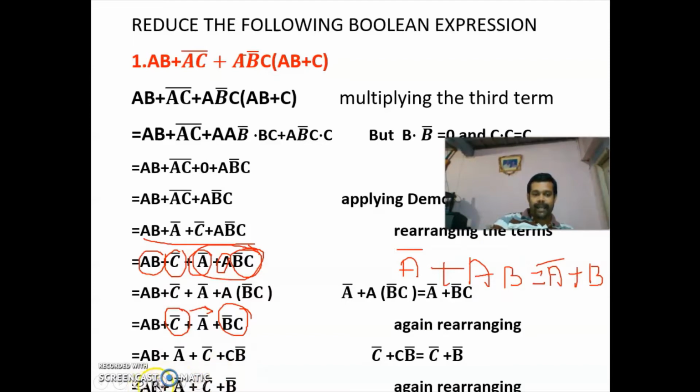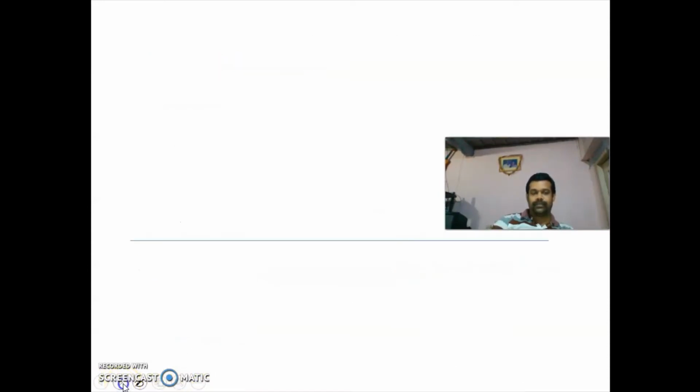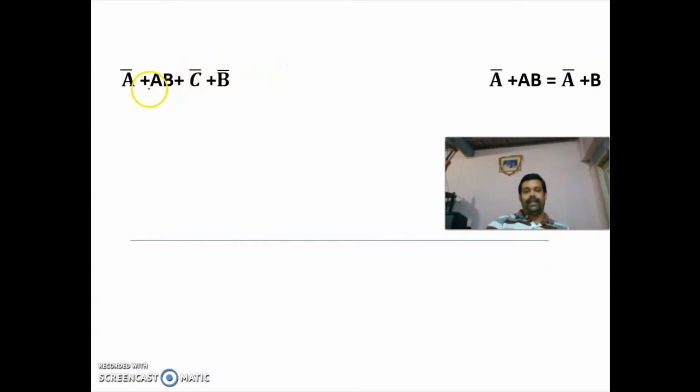So you'll be getting AB plus A bar plus C bar plus B bar.